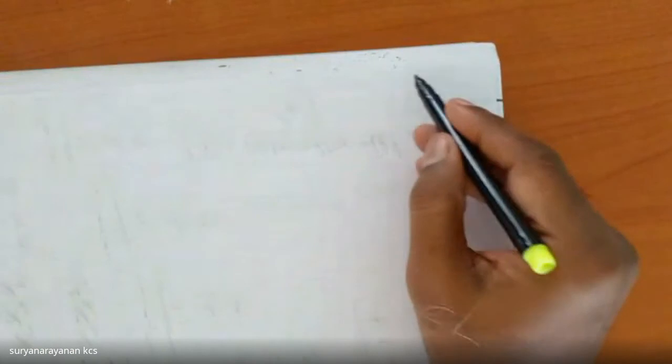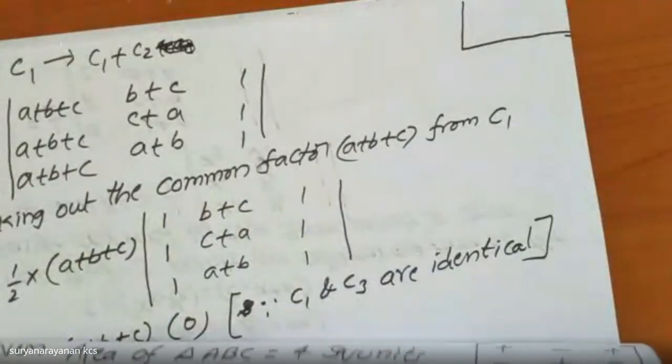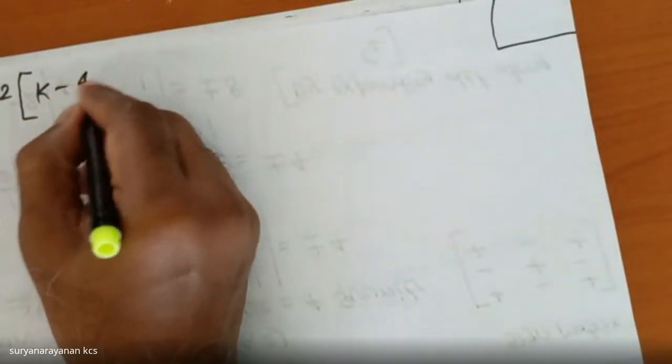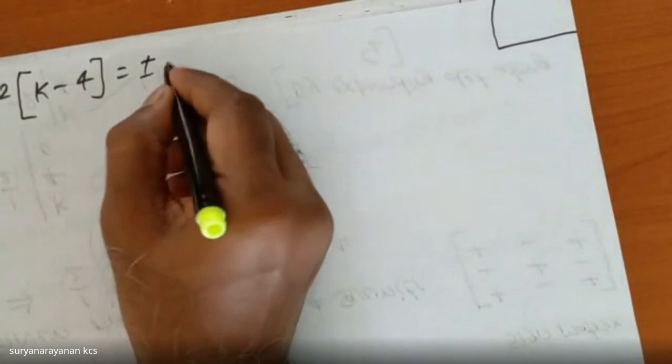Minus 2 into, this implies minus 2 into, what will you get here? Cross multiplication, k into 1, k minus 4 is equal to plus or minus 4.